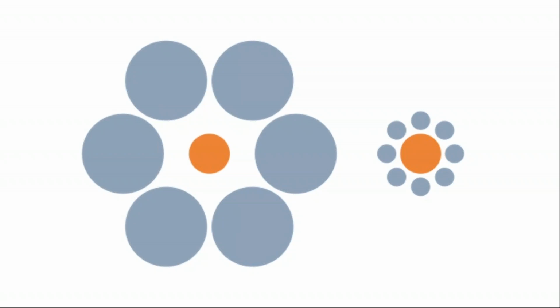It's an illusion first noted back in the 1890s by a man called Hermann von Ebbinghaus. And I wanted to discuss this for 2 reasons. Firstly, because of its age. This is 130 years old, and it's as effective today as it was then.